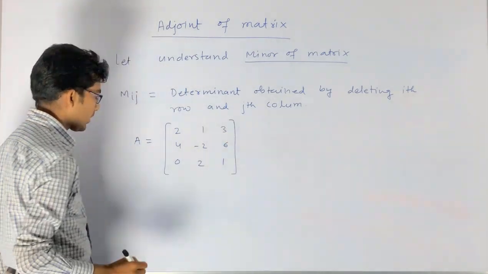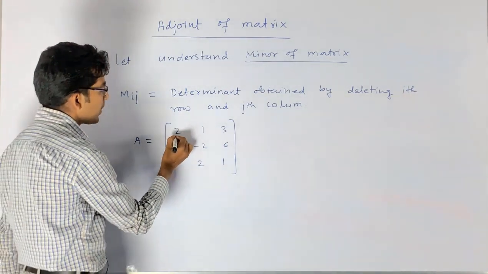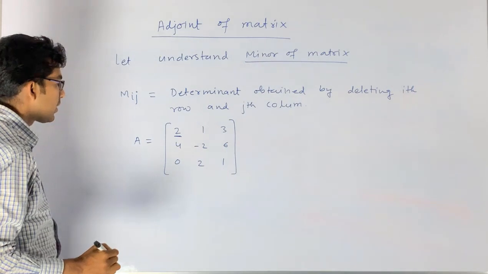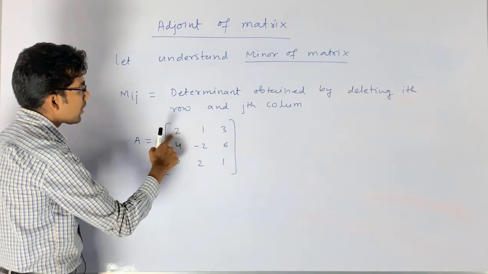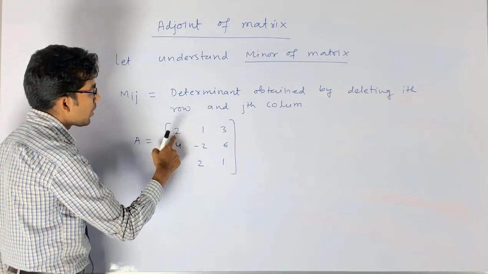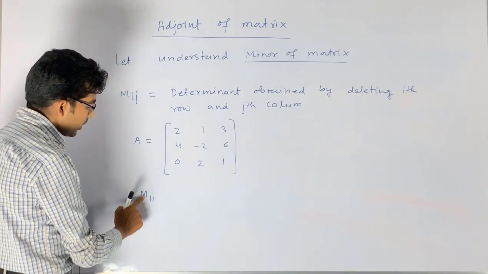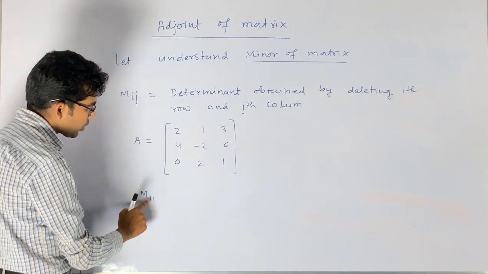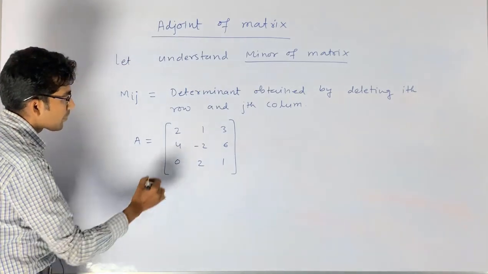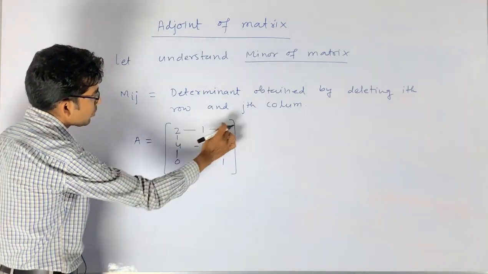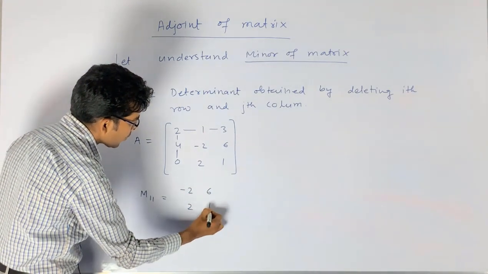This is a matrix. If we want to determine the minor of this element, we can write M11 because this element is in the position of first row and first column. M for minor and 1 for first row and first column. If we delete this row and this column, we will remain with -2, 6, 2, 1.